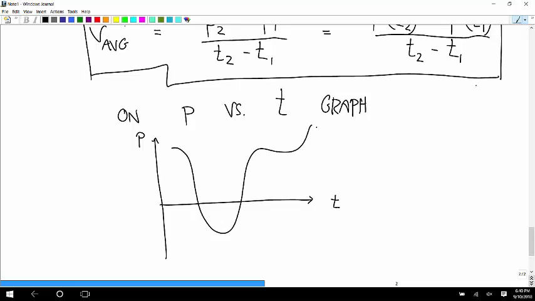And let's say that our T1 is here, and so this would be our position P1. And let's say our T2 is here.